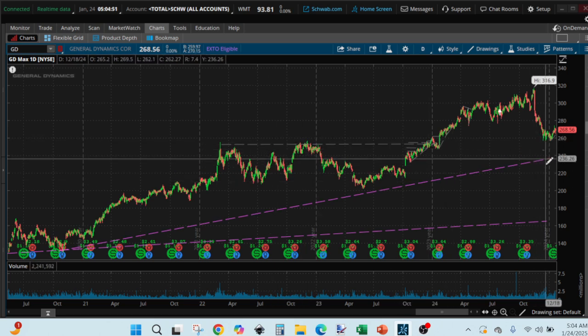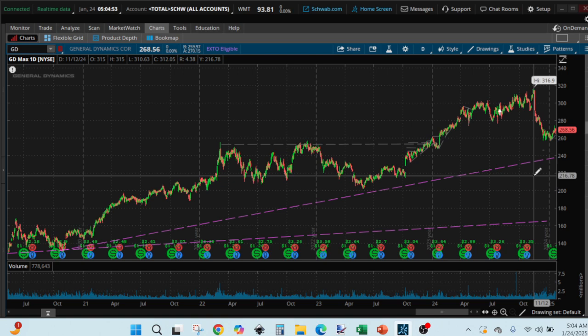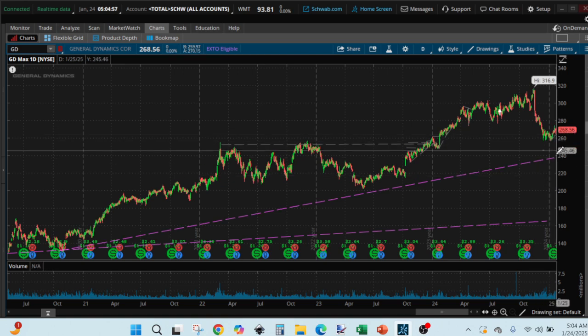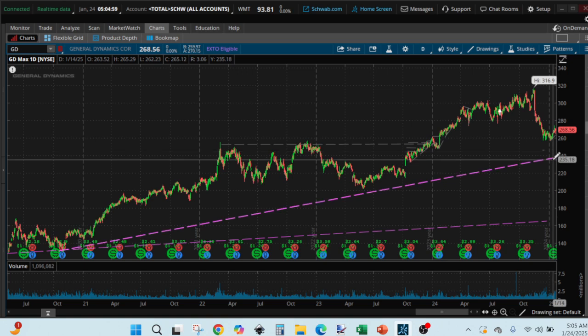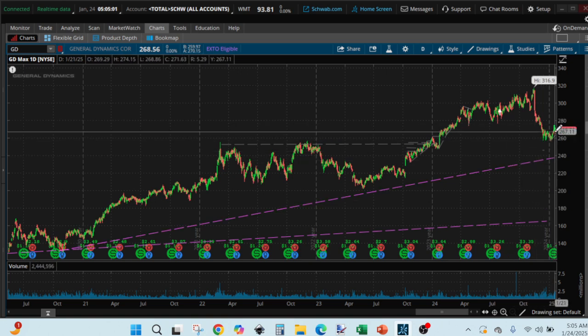And it's not too far from it. $20, $28 difference there. So I will say that at the next green bar, we could buy some. So we have an entry point, we made a decision there.